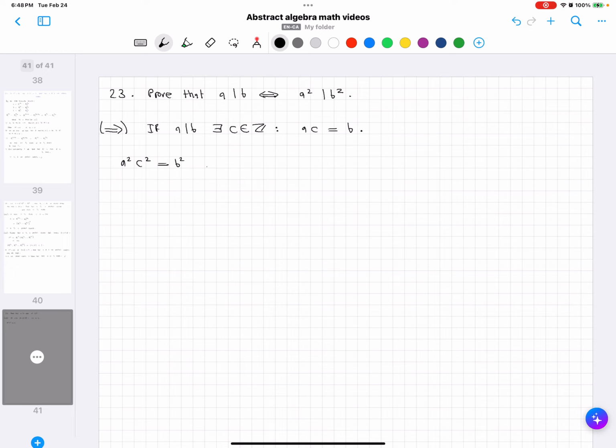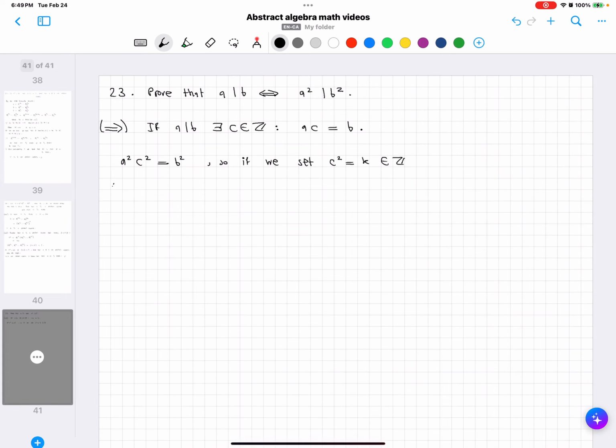So if we set C squared equal to K, which belongs to the integers, then A squared times C squared is equal to A squared times K is equal to B squared. So, therefore, it follows that A squared divides B squared.